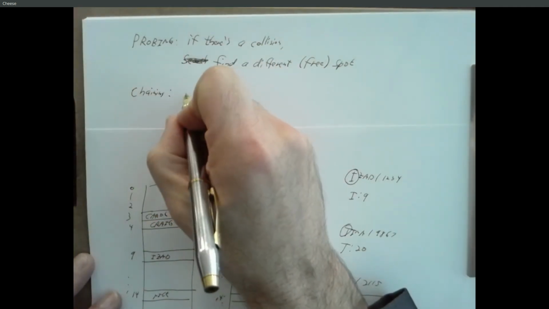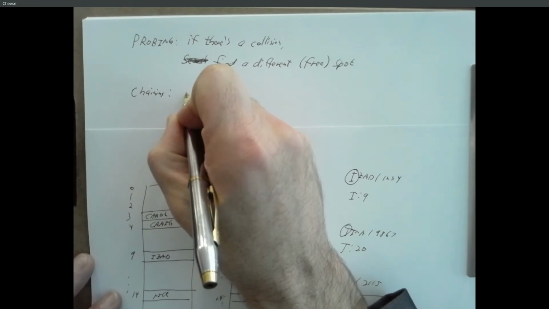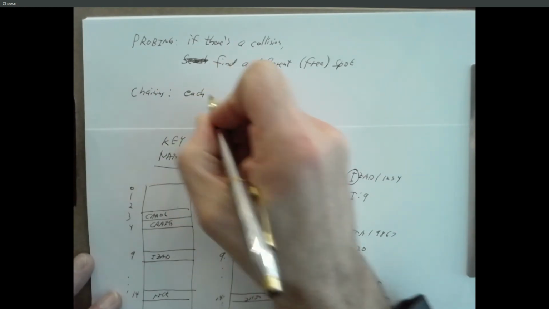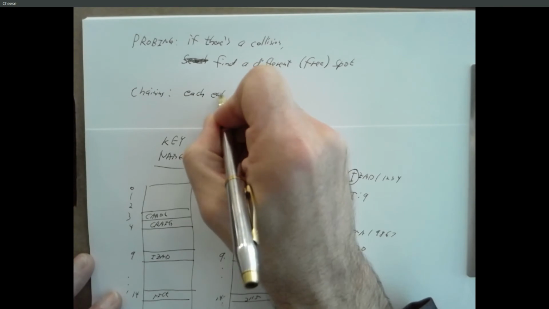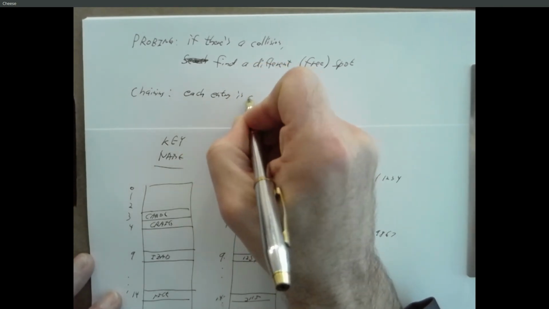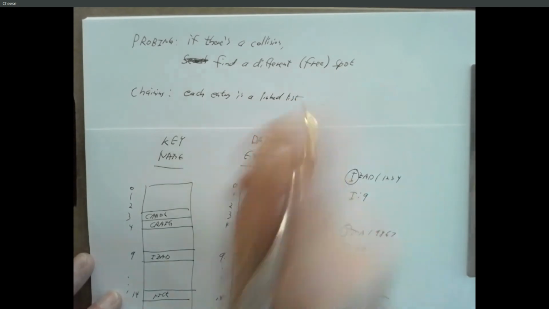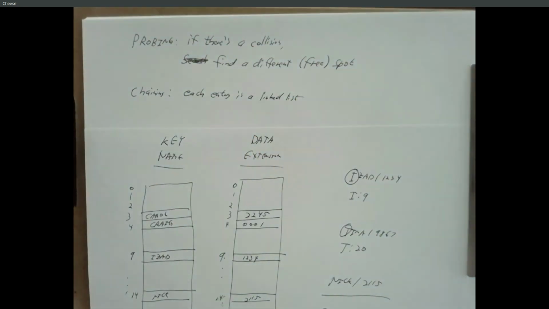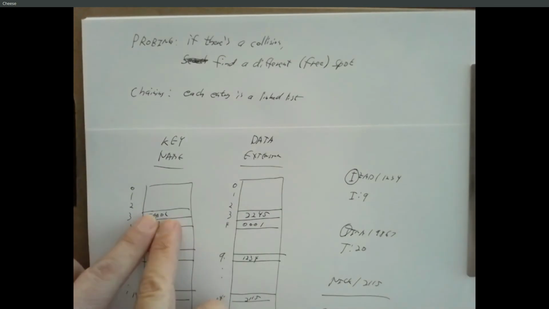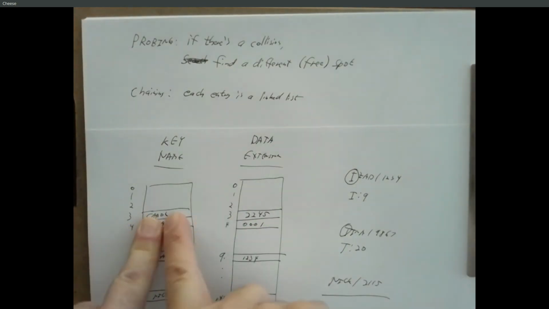So chaining, each entry in here could actually be a linked list. And everybody whose first name starts with a C gets put in this linked list that's stored at location 3. Performance takes a hit because linked lists aren't efficient.